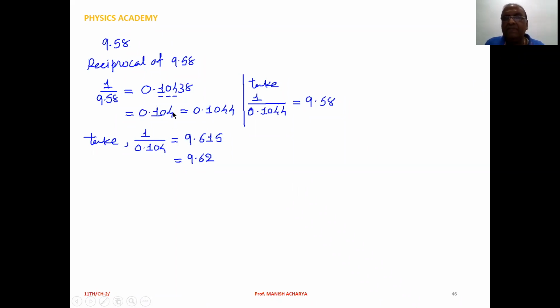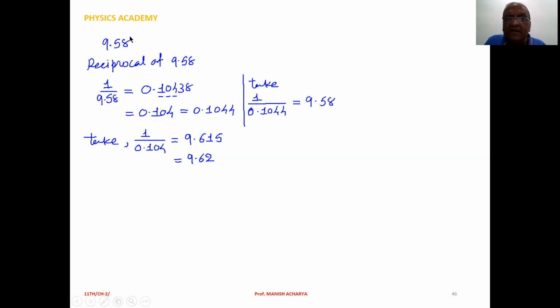So what we have to do is, when we first take the reciprocal of the given figure, 1 upon 9.58, in the result obtained we have to keep the total number of significant digits one more than in the original value.